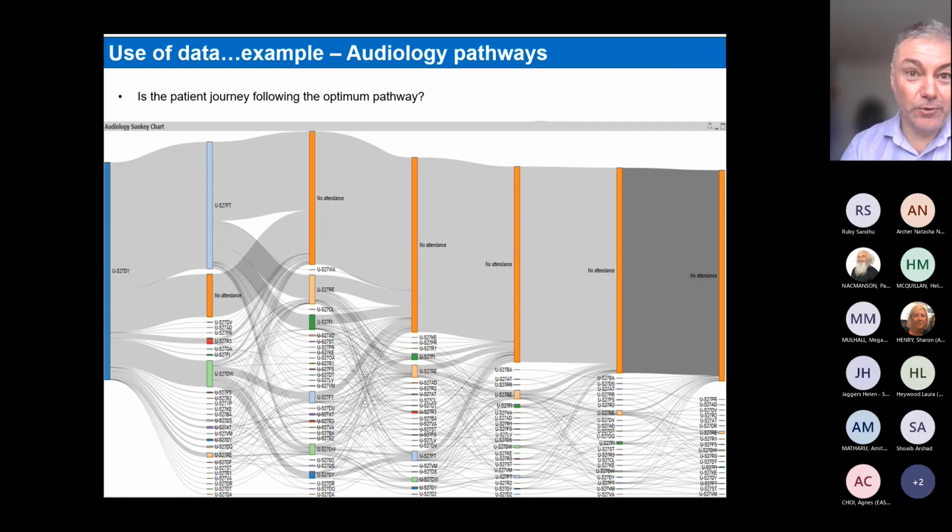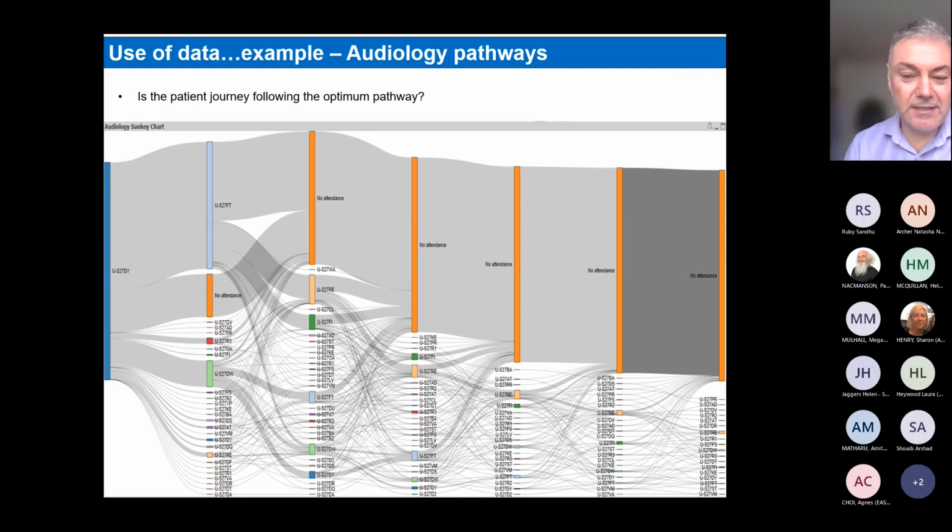So audiology, for example, this slide that's up on the screen that looks like something from the 70s, like a spirograph. Each individual block going from left to right are clinic codes, a list of clinic codes. So there's a dark blue line on the left hand side which says something like U27DY.